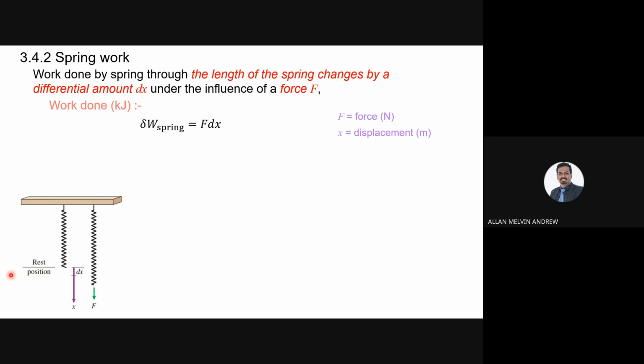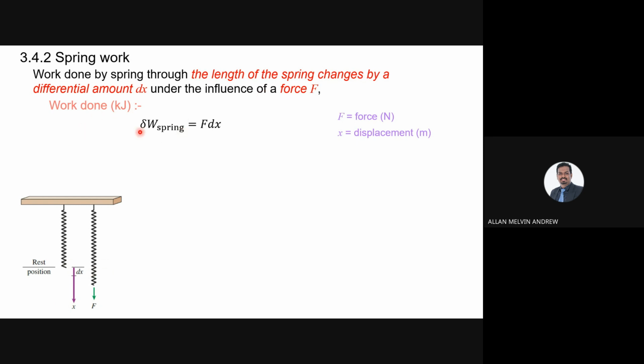But if you apply a force, say you put a weight on the spring, the spring will elongate. We calculate this dx from the rest position, how much it elongated from the rest position.